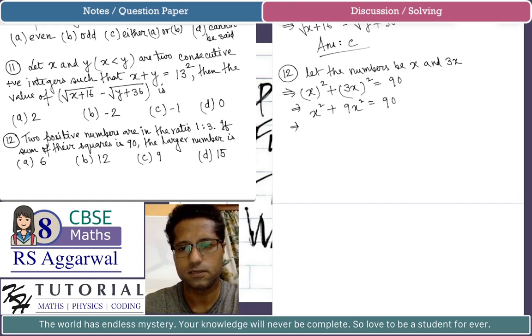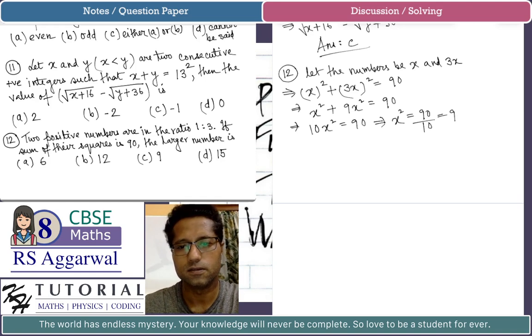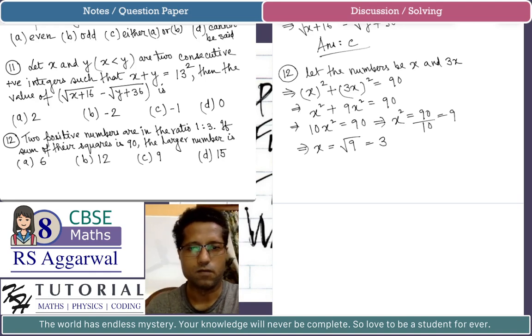This implies 10x square is equal to 90. This implies x square is equal to 90 by 10, which is 9. This implies that x will be equal to square root of 9, that is 3. So x is 3.